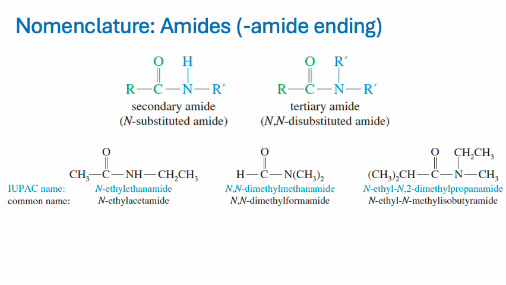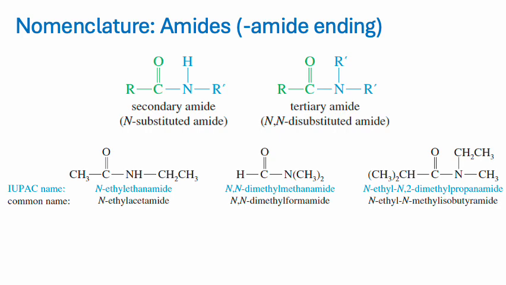I have to indicate the position of both of them. So I have to say N,N-dimethyl so that when somebody reads that name, they know that both methyl groups are on nitrogen, N,N. The other half is just one carbon, the half containing the carbonyl. So that would be methanoic acid. So that becomes methanamide. So this is N,N-dimethyl methanamide.